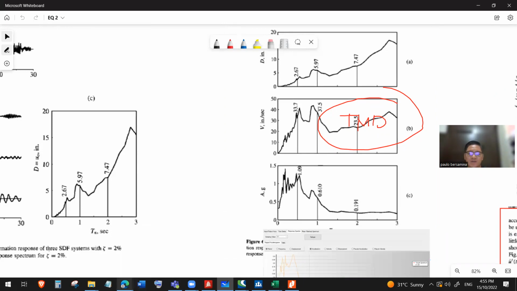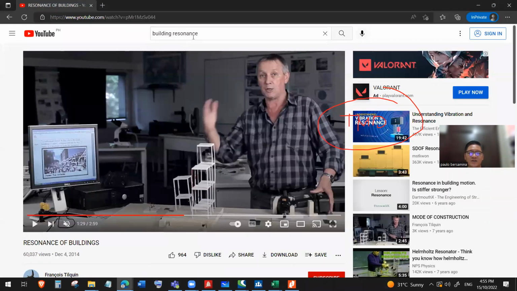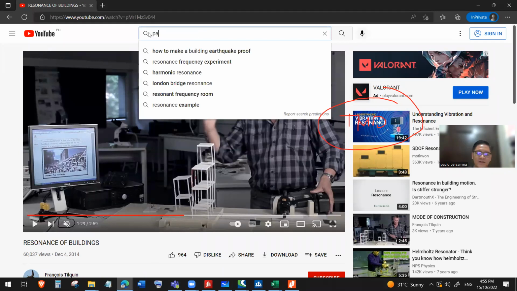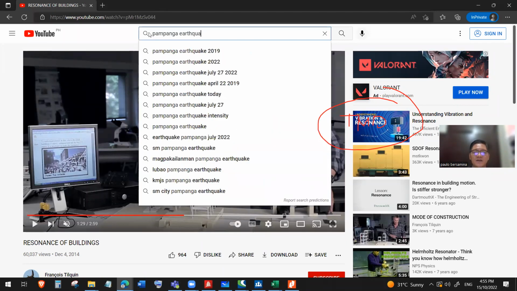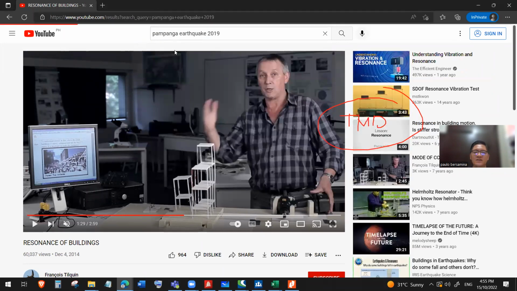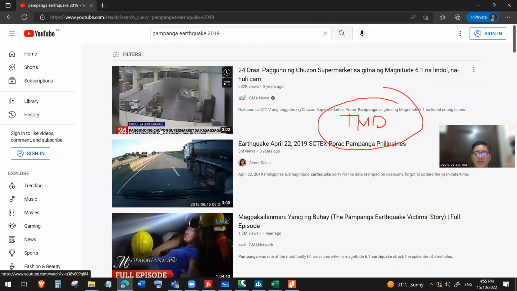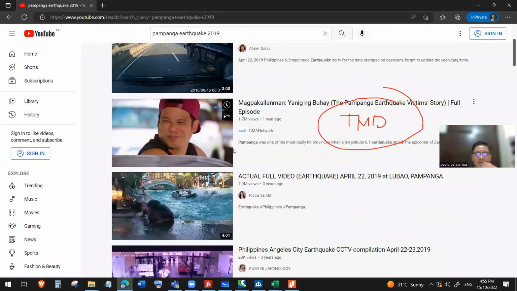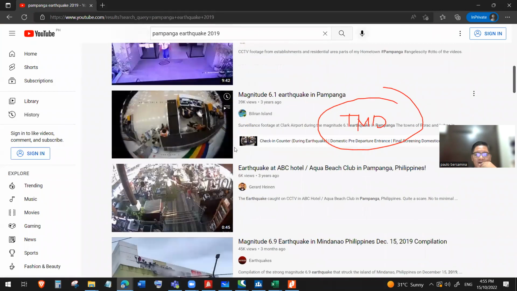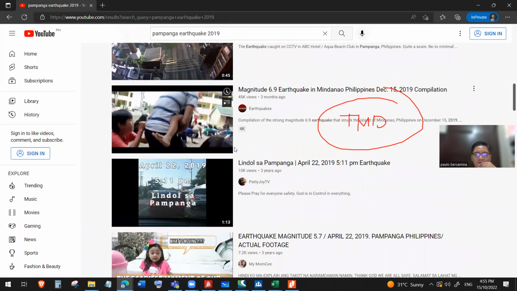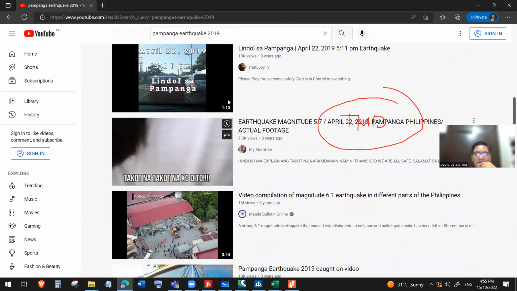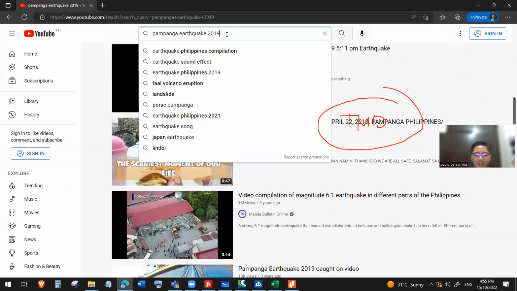Like in the case of the Pampanga earthquake, 2019. Try to search on it. The Chuson Supermarket is a different case, that was a construction issue.